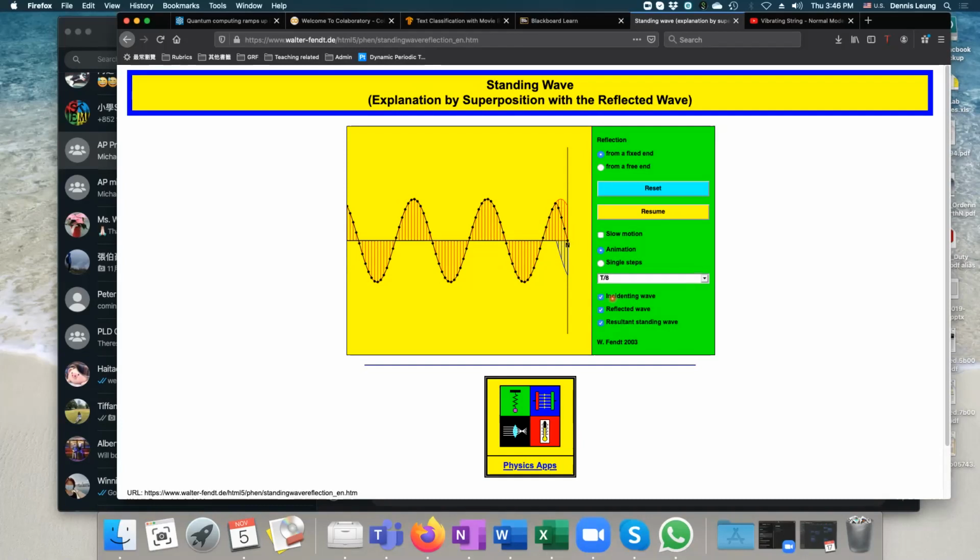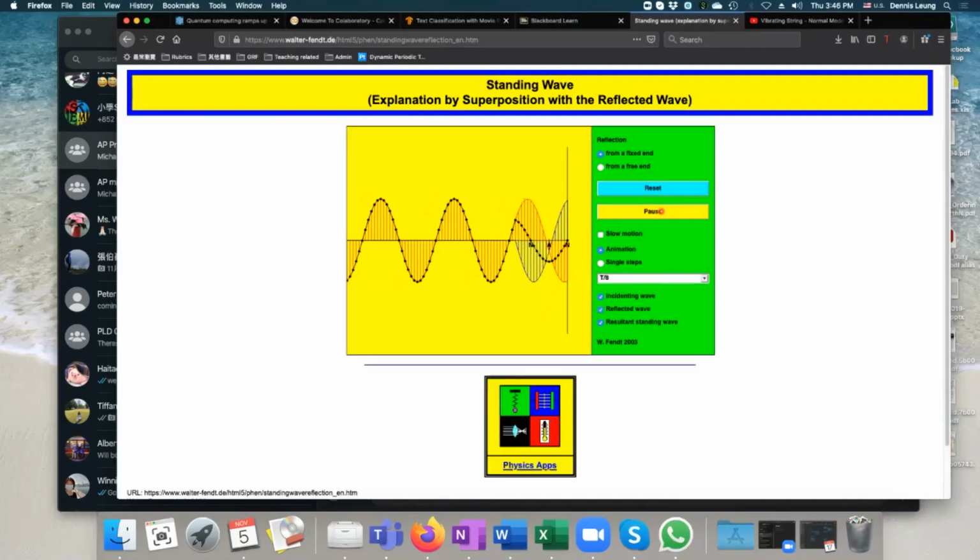First is the incident wave. Second is the reflected wave. Finally, it is the sum of the two waves. The sum of the two waves is shown in black. The incident wave is in red, and the reflected wave is in blue. So let's resume. What can we see here?